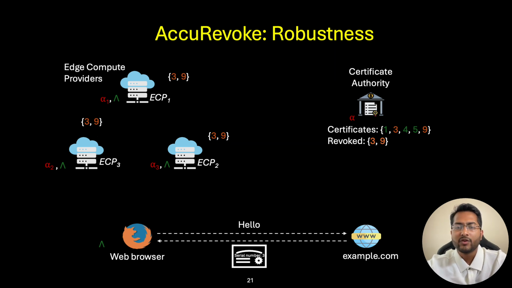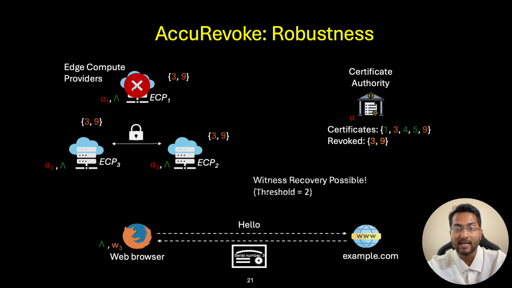We say our AccuRevoke is very robust because if one of the edge compute providers is down, still other ECPs can take part in witness generation. So as long as we have enough shares from the running ECPs, the client can always get the witness for a certificate.